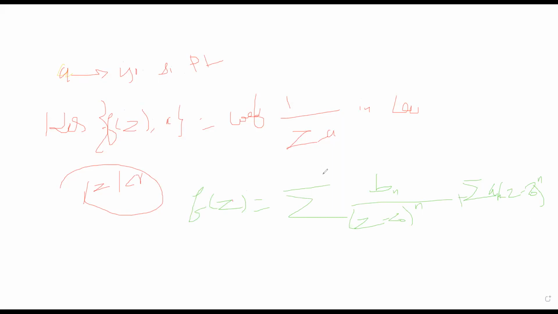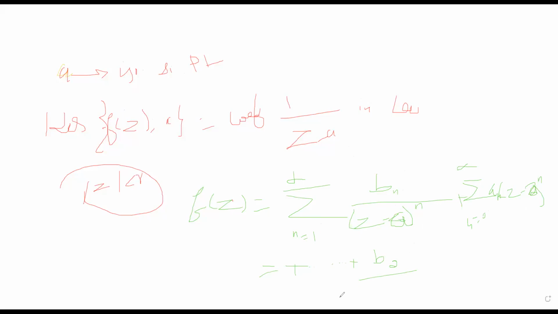In this Laurent series, what is the coefficient of 1 by z minus a? Here instead of z naught, I am writing a. The coefficient of 1 by z minus a is b, when n equals 1, it becomes b1. When we expand this, here n varies from 1 to infinity, but here n varies from 0 to infinity.